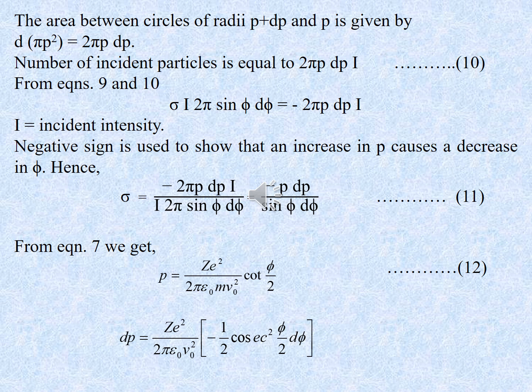From equation 7, we get p is equal to Ze²/(2πε₀ m v₀²) cot φ/2. So dp is equal to Ze²/(2πε₀ m v₀²) into the derivative of cot φ/2, which is minus half cosecant squared φ/2 dφ.